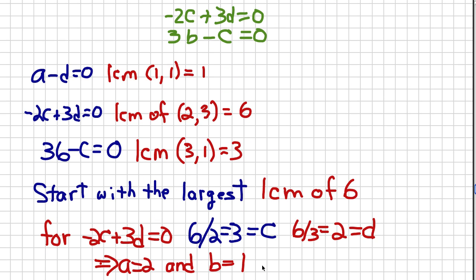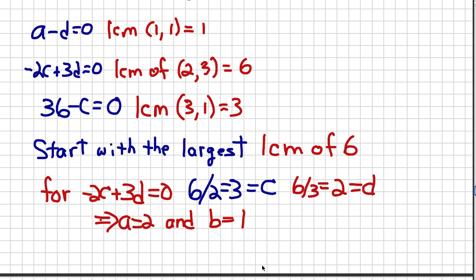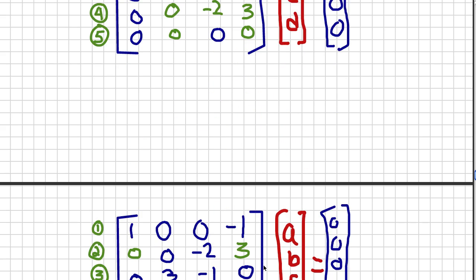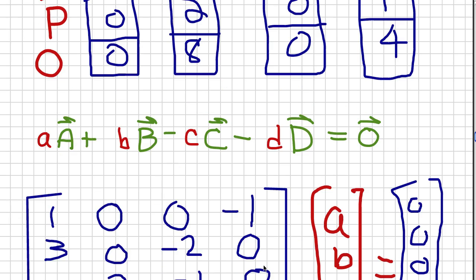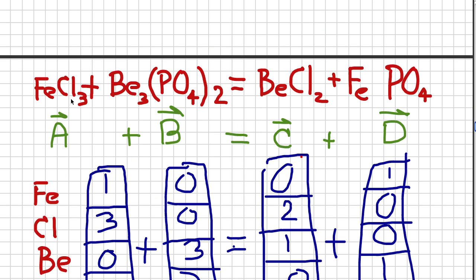Okay, so that's another example of how I balance a chemical equation by recasting the problem as a system of linear equations. So let me just quickly review that here. Go back up here. I use my compounds and I write my elemental rows like this.